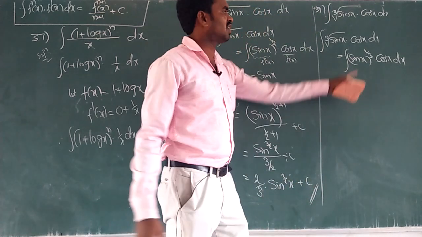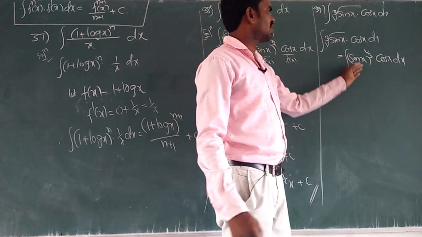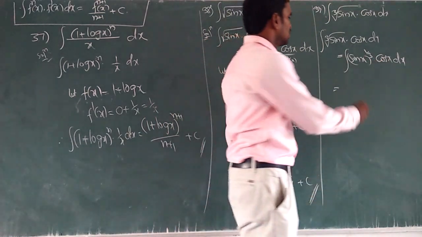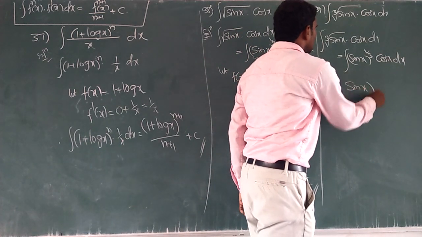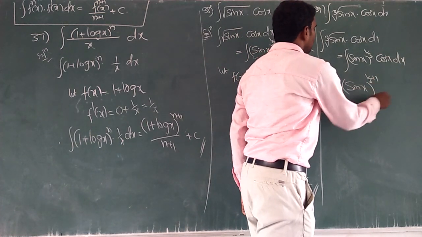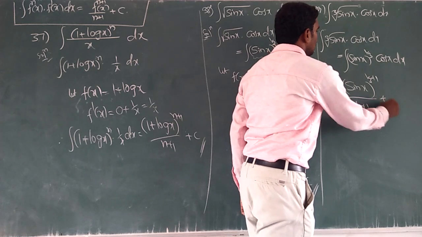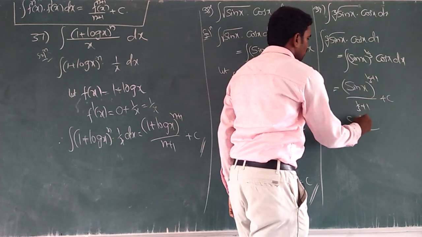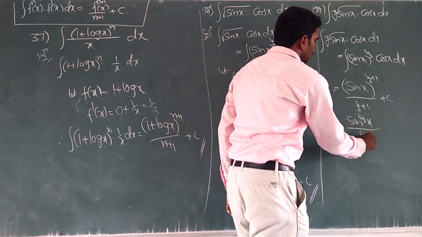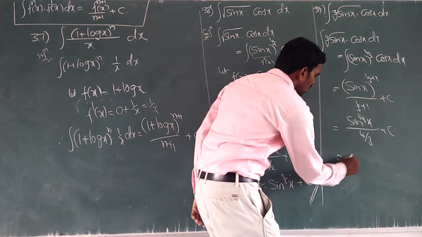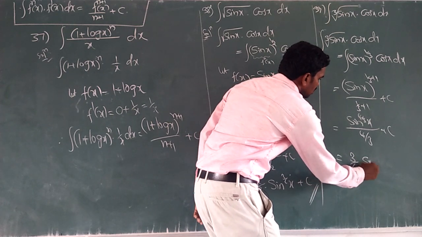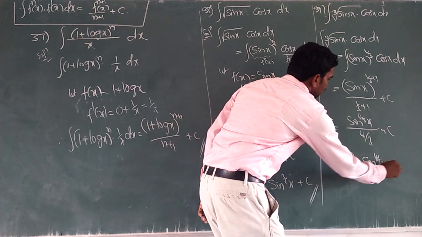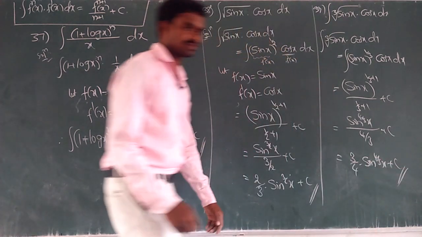Here this is the function, and this is the derivative. The function power is 1 by 3. So the answer will be sin x power 1 by 3 plus 1 by 1 by 3 plus 1, plus c. So we get 1 by 3 plus 1, 4 by 3, sin x power 4 by 3 by 4 by 3, which means 3 by 4 into sin power 4 by 3 x plus c. This is the answer.